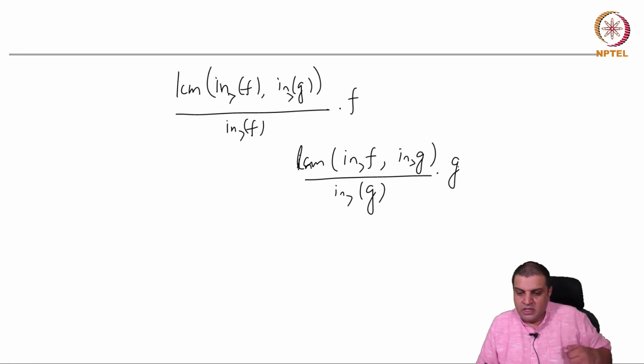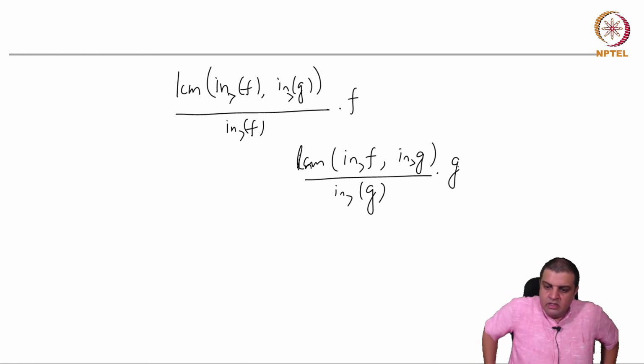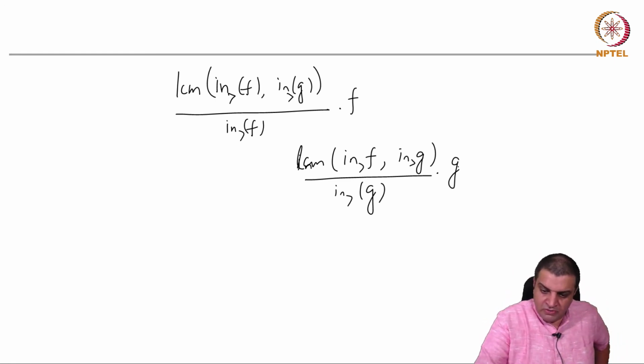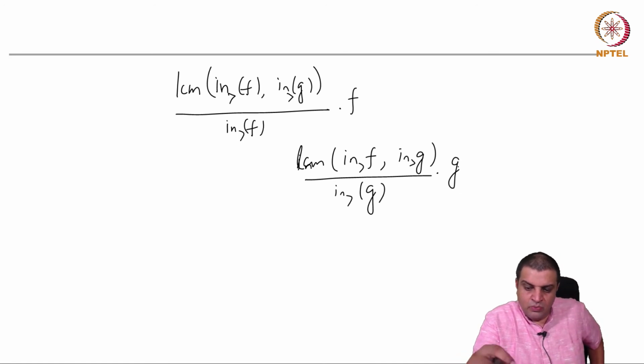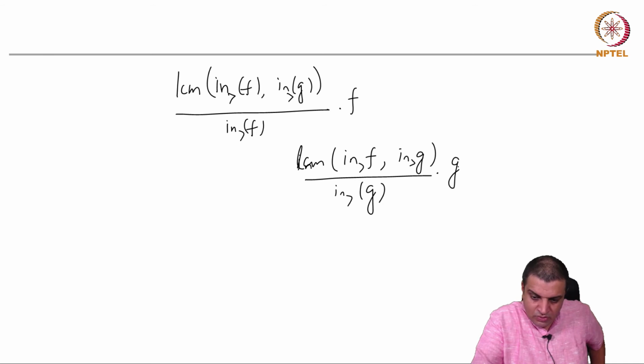Now, if we notice, both of these things have the same initial term, which is the LCM, which is precisely why we took the LCM divided by the initial term multiplied by f. First of all, this is a monomial, and when you multiply that monomial to f, the initial term will get multiplied by this monomial.